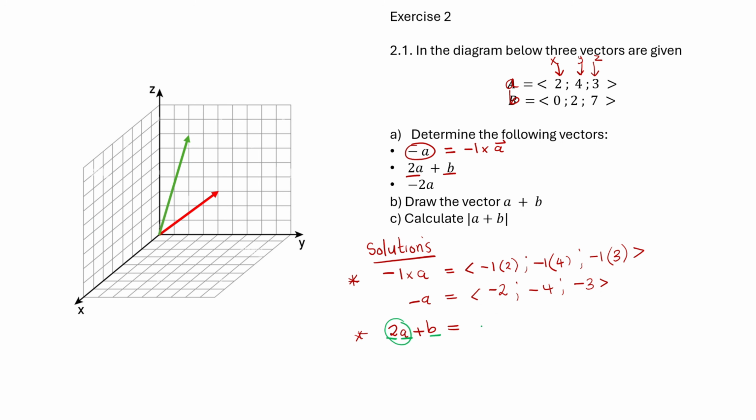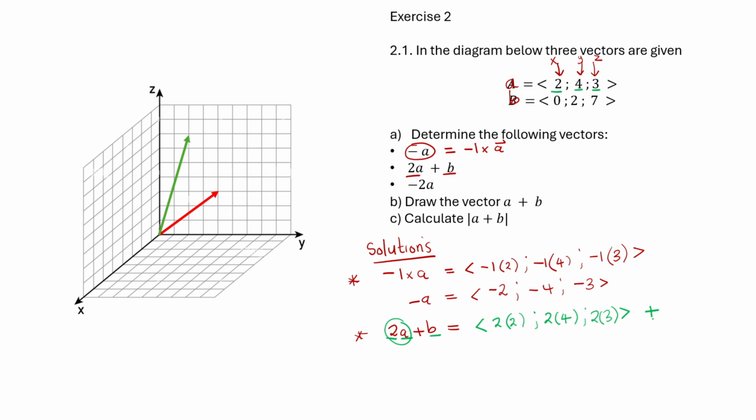Basically, to find 2A, you have to just multiply each and every component of A by 2. In this case, A is given by 2, 4, 3. Those are the components of A. So you multiply 2, the x component, by 2, and then you multiply 4, the y component, by 2, and then you multiply 3, the z component, by 2. This is scalar multiplication.